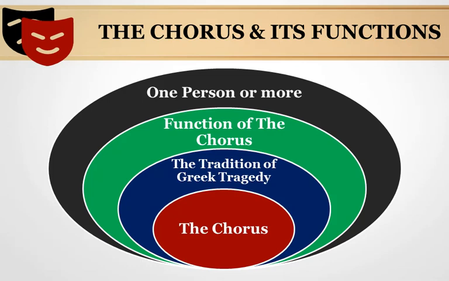On the other hand, although we tend to think of a chorus as a group of people or singers, it can also be composed of only one character, as we have just said.